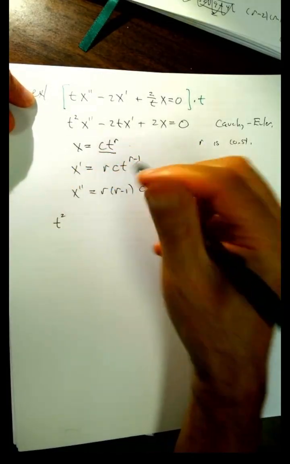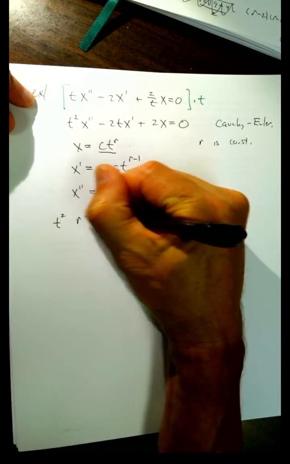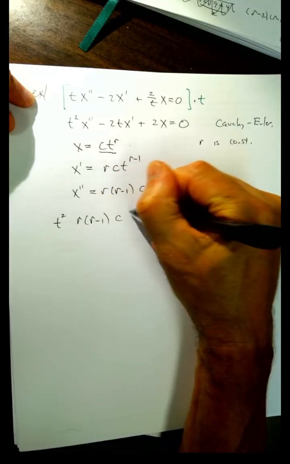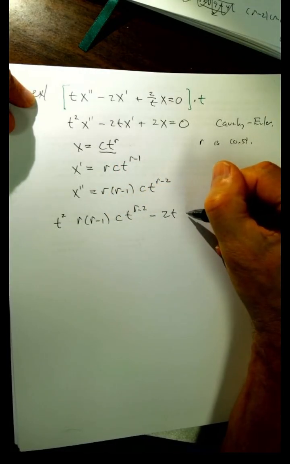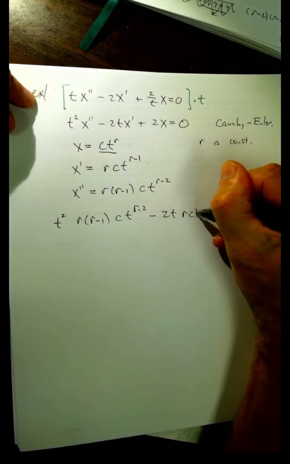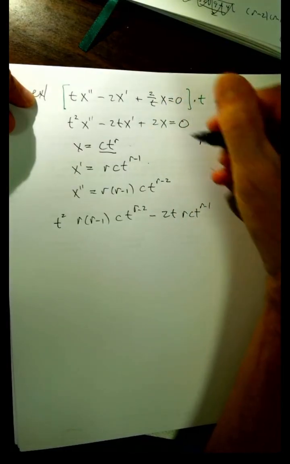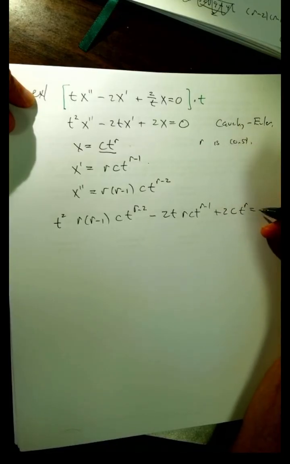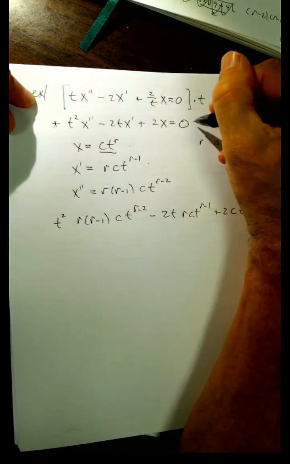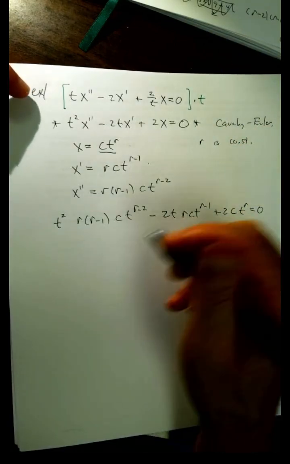So t squared times x double prime is t squared times r times r minus 1 times c t to the r minus 2, minus 2t, then x prime is r c t to the r minus 1, plus 2 times x, and x is c t to the r, is 0. So I just plugged into this equation. Now I'm going to do the algebra.